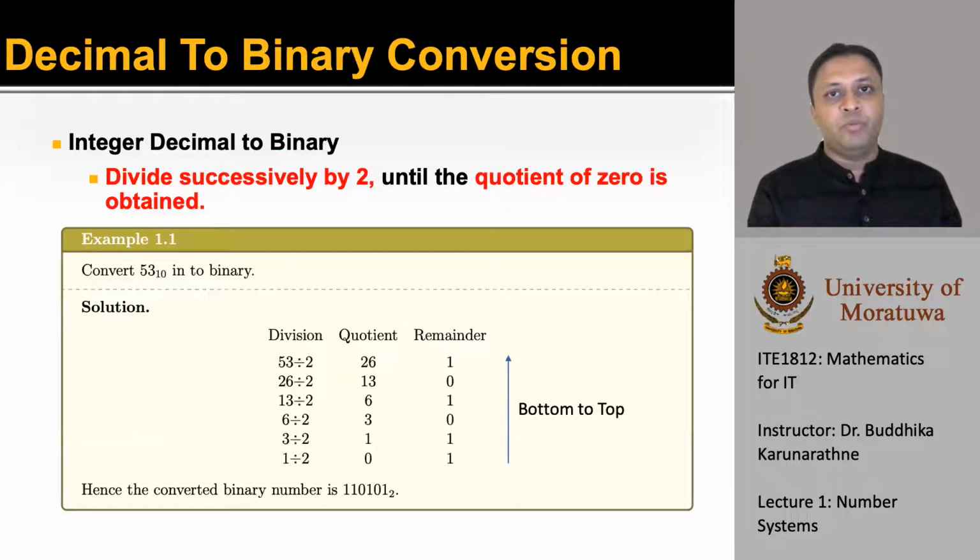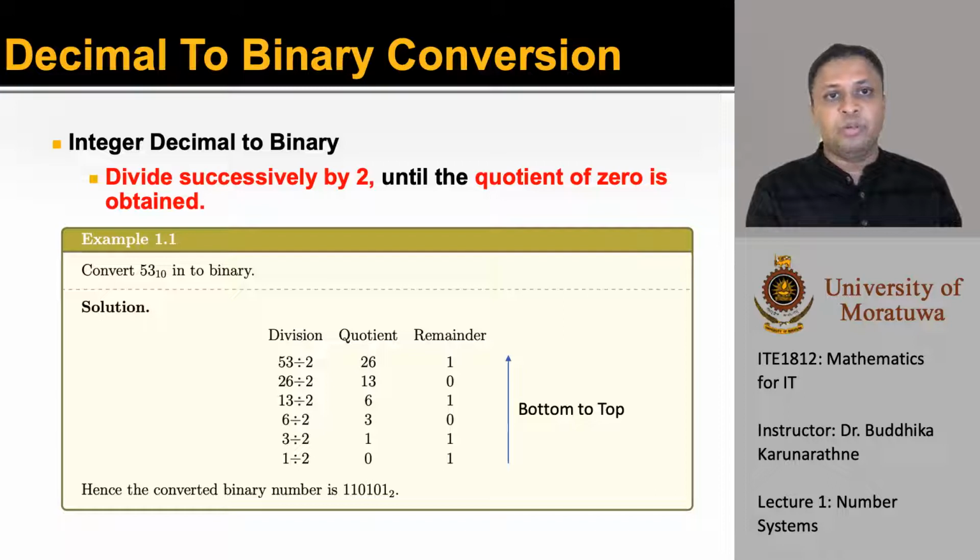And now we move on to conversion between different number systems. We start with a simple, straightforward conversion from decimal to binary. We first look at integer decimal to binary conversion, and how we do that is divide the decimal number successively by 2.